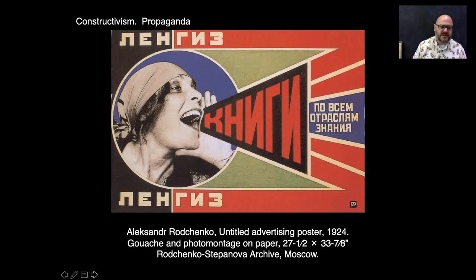So this is constructivism. The two important artists are Tatlin with his never constructed monument to the Third International, and Rodchenko and his experiments. He also was a sculptor and also had ideas about architecture, but here we see what he becomes most known for is these very graphic advertising pieces.